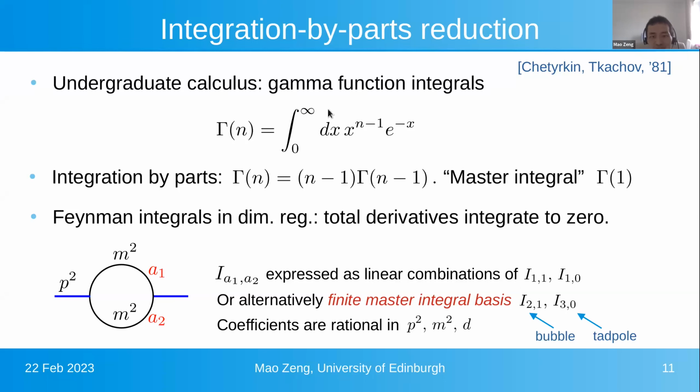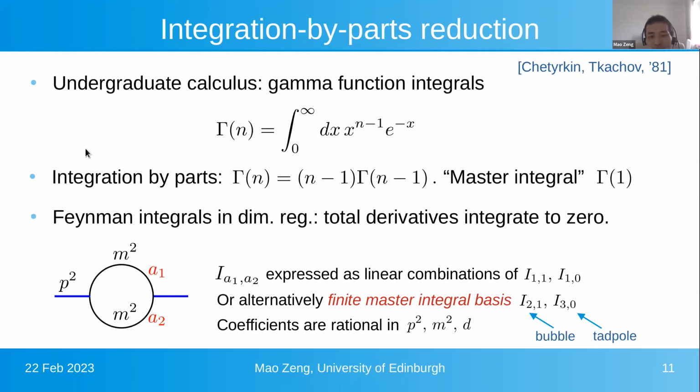So the total derivatives will always be considered to be 0 in dimensional regularization. And specific to the example of the bubble integral, it will be useful to consider the two denominators, each raised to some arbitrary power, a1 and a2.